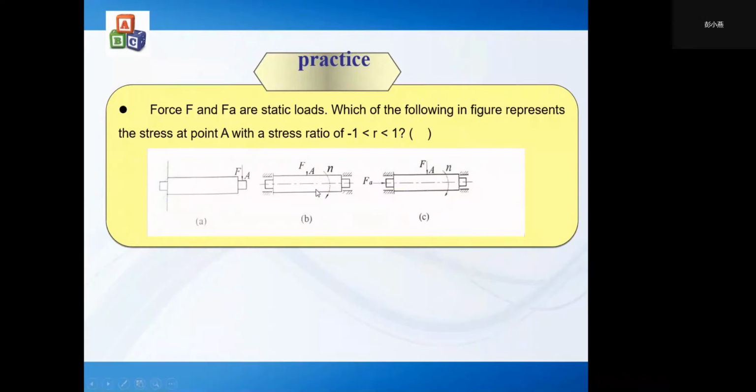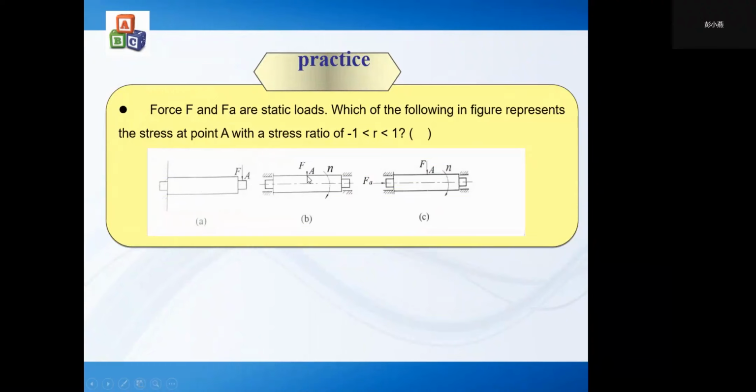And for B, the shaft is rotating, and it's subject to a bending load F. So it's a completely reversed stress.